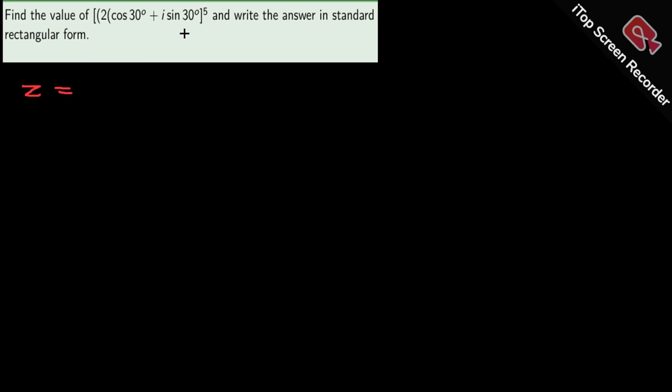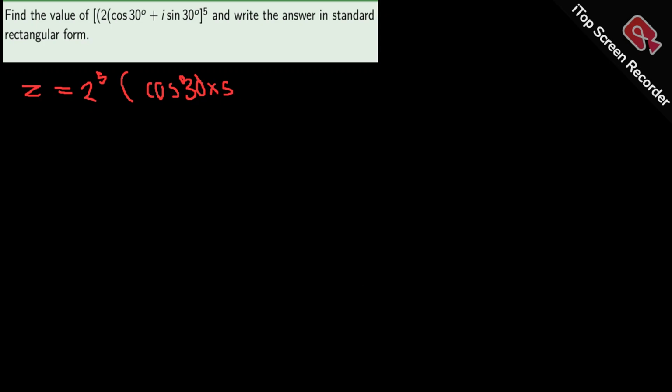I'll let this complex number be equal to z. Then 2 will be raised to the power 5. Okay, so this is what we have. Now we said this power of 5 will come there. What else? We said we're going to multiply the power times the angles that we have. So 30 times 5 is just equal to 150.